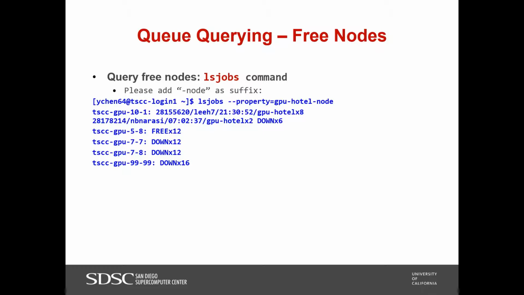I list the example here: if I want to know the availabilities of the nodes in the GPU hotel queue, what I'm typing is ls jobs --property equals GPU-hotel. I then add -node. That's the name I need to include in the ls jobs command.